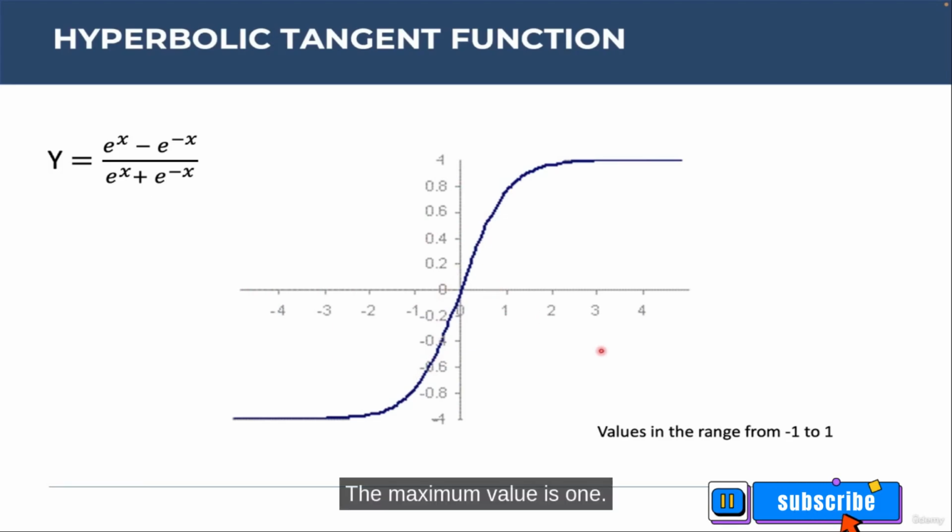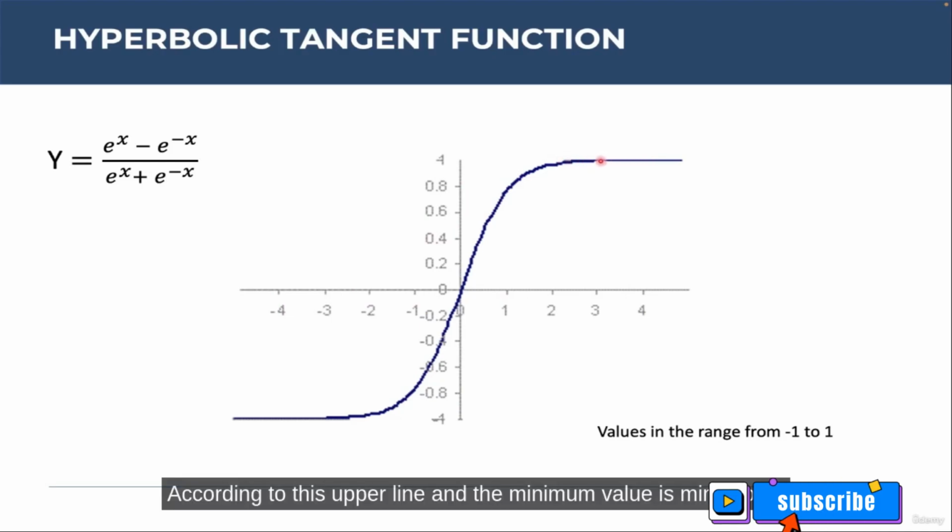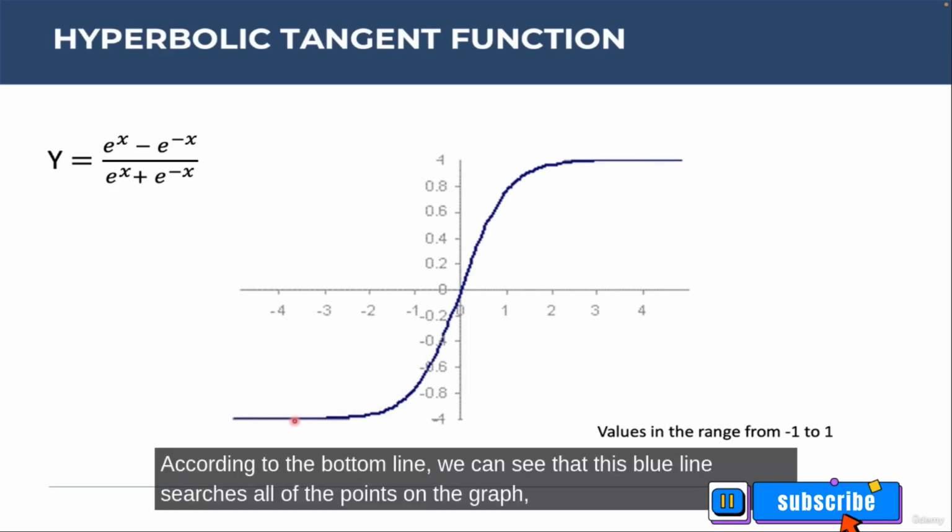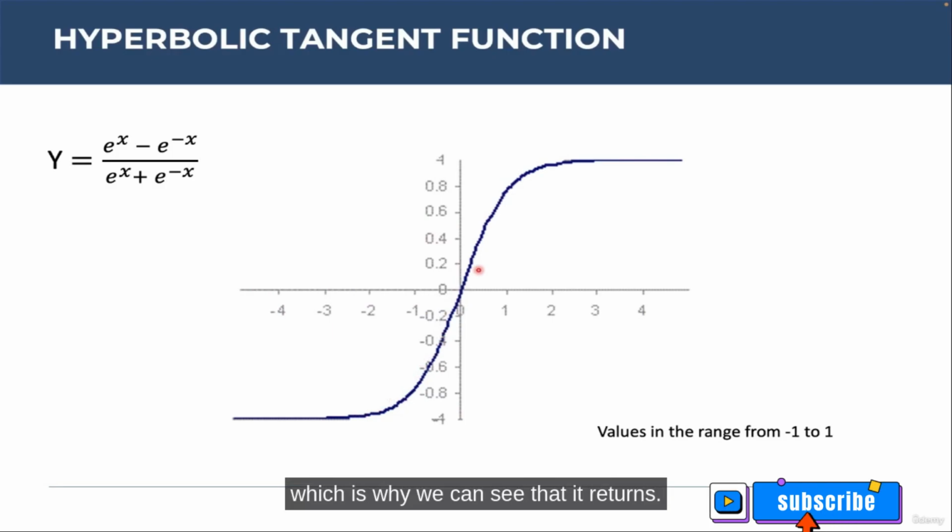The maximum value is 1 according to this upper line, and the minimum value is -1 according to the bottom line. We can see that this blue line touches all the points on the graph, which is why we can say that it returns values in the range from -1 to 1.